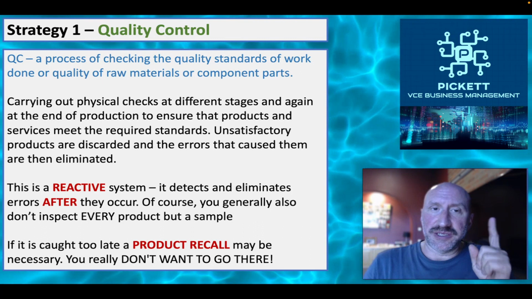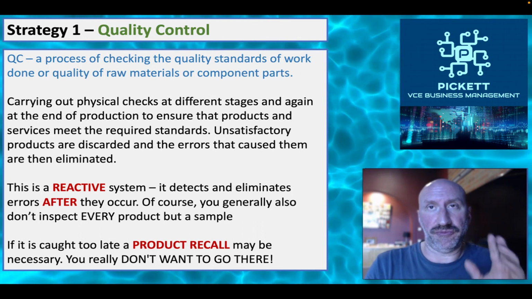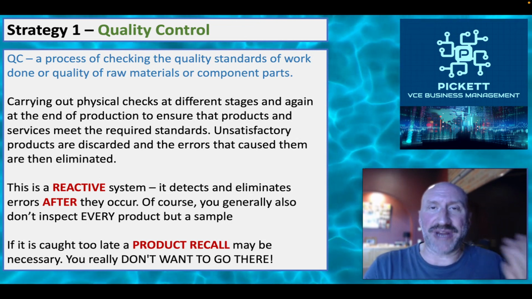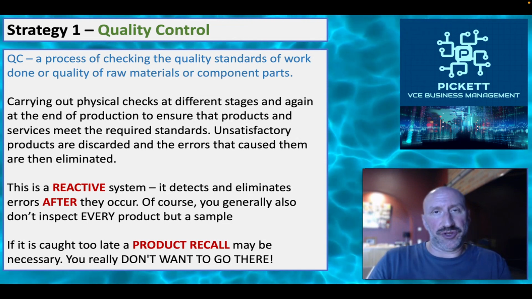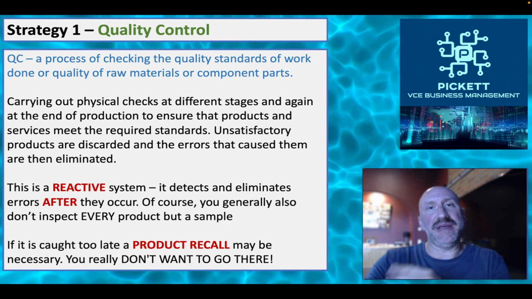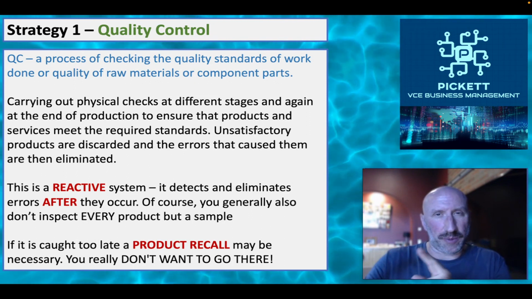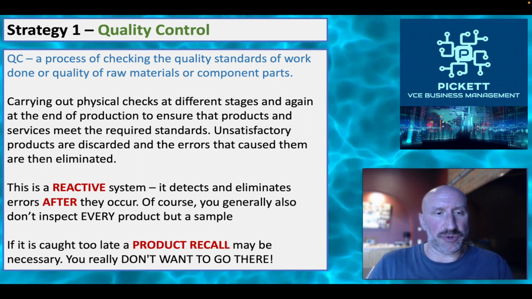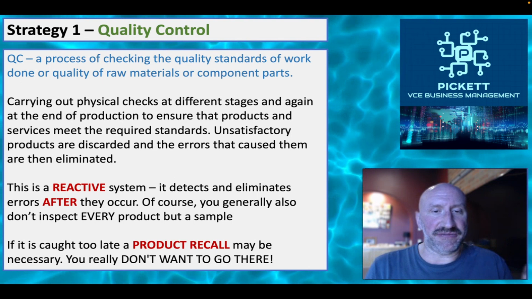Okay, so if you think about that, it's a reactive system. Really, really important to remember this and use that word in your description of quality control. It's reactive. Okay, errors are happening, but then what we do, we detect the error and then eliminate the error after it occurs. Okay, and when we talk about QA, to put that in context, that will make even more sense. Okay, so it's really important that you note that it's a reactive system.